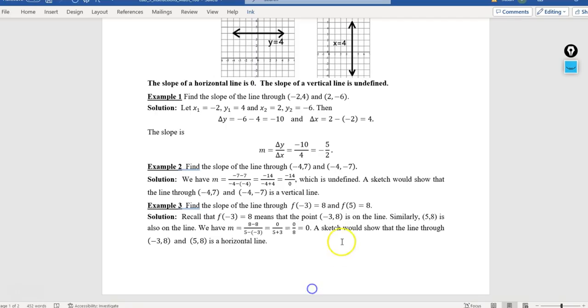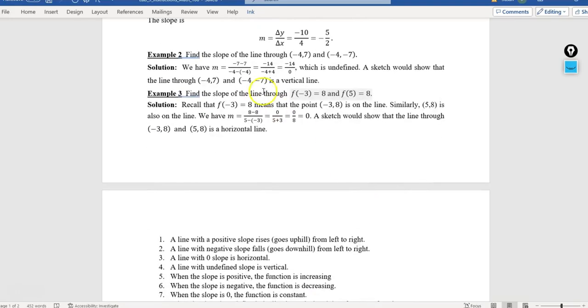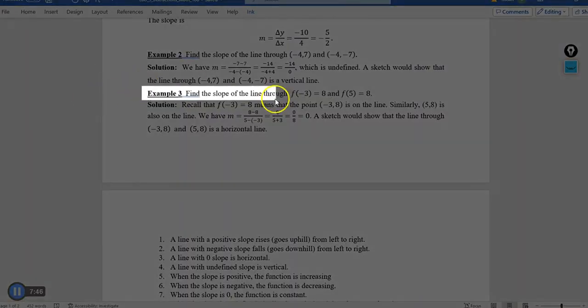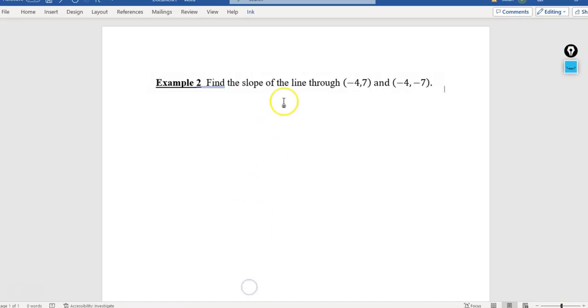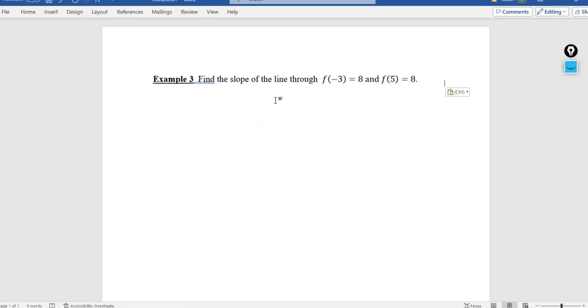And what else do we have? Let's find the slope of this line. Example 3. All right, now from your test 1 material, we have been given 2 points. What do you mean there are 2 points there? Yes, they are.